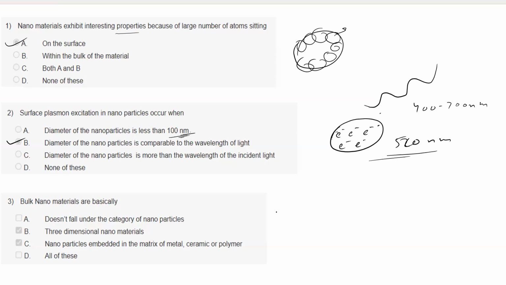Bulk nanomaterials basically do fall under the category of nanoparticle. This is false. They are three-dimensional nanomaterials. It's true. We're calling them bulk nanomaterials, so they're 3D.